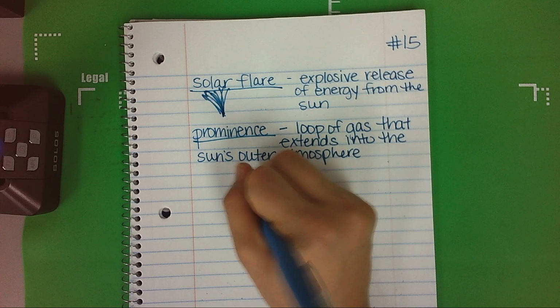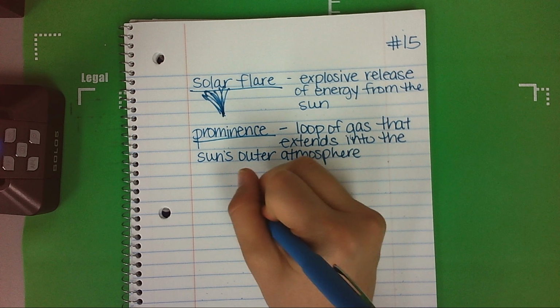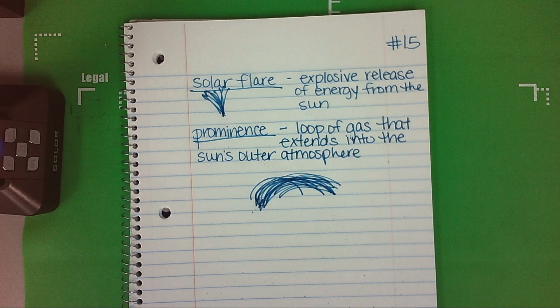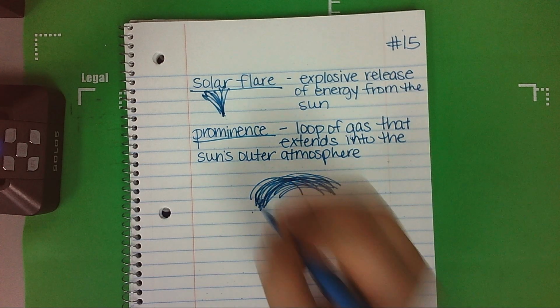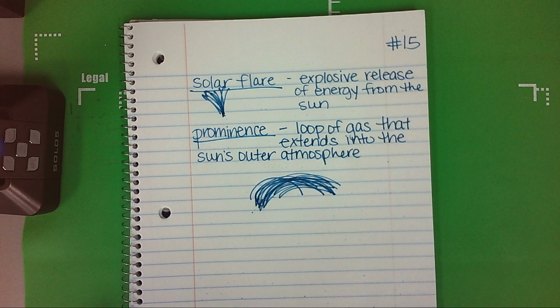Okay, so it's going to look more like this. It's connecting like it's from here, kind of like a rainbow. Okay, so when we look at the sun and we see a loop, so you could almost see through it.